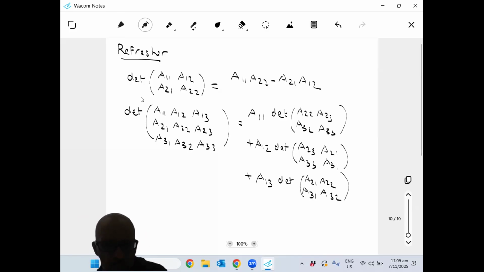Sorry. Yeah. It's minus A12 if I use it in this order. So I've changed the order here. A23 and A33, I've written it this way. You're right, what you're saying is right. It's minus A12 if I write it in the order A21, A31, A23.